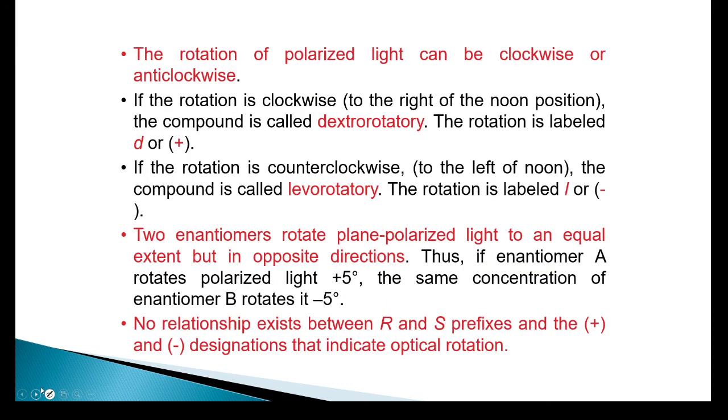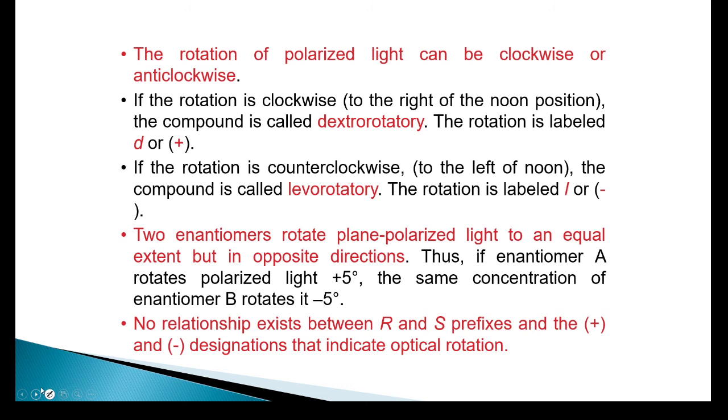Okay. If I rotate it to the right, dextrorotary means to the right, D or a plus symbol. If I rotate it to the left, you'll see an L or a negative. Again, no relationship between R and S. Now, let's say I had R-2-butanol and S-2-butanol.